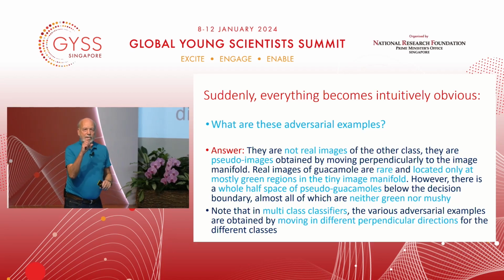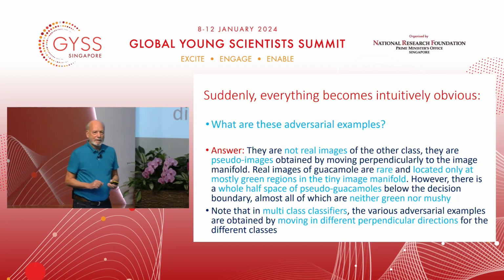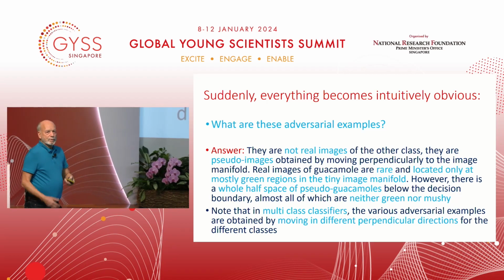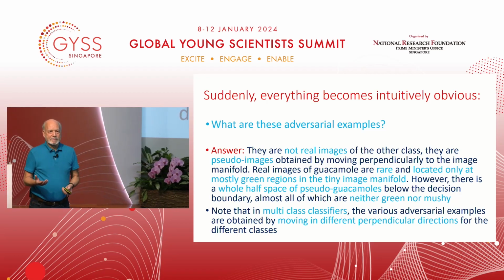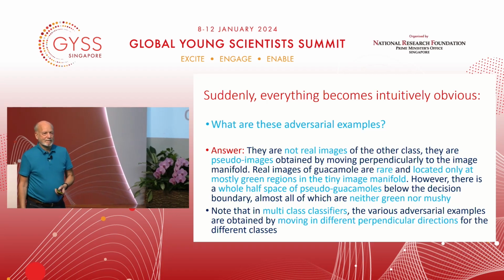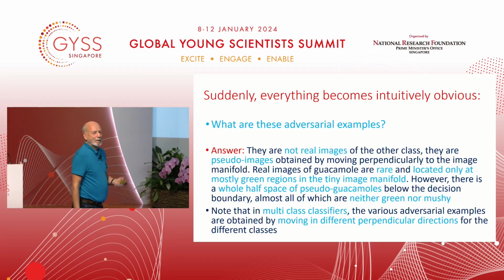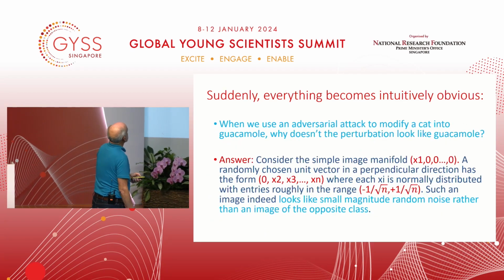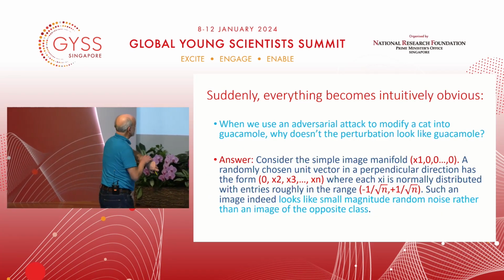So that's why, having large gradients, I have to move only a small distance in order to completely change my mind. Why don't you see the patterns of the target class? Because you're not moving towards the other class, you're moving in a perpendicular direction. So everything becomes intuitively obvious.